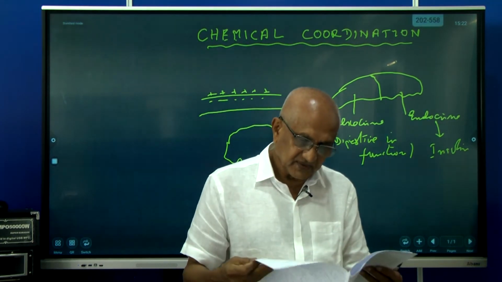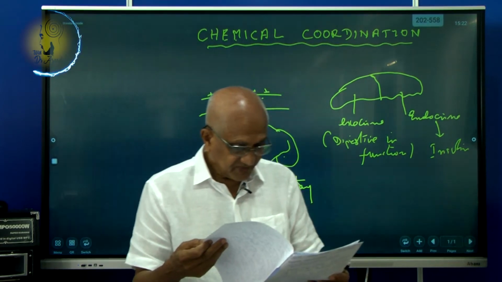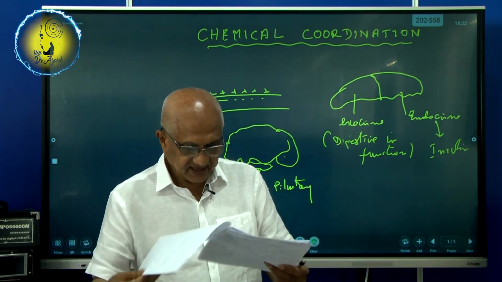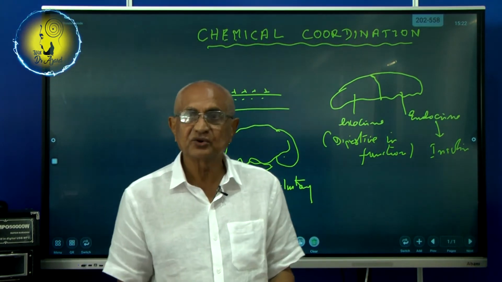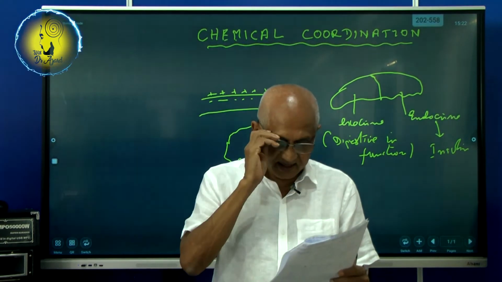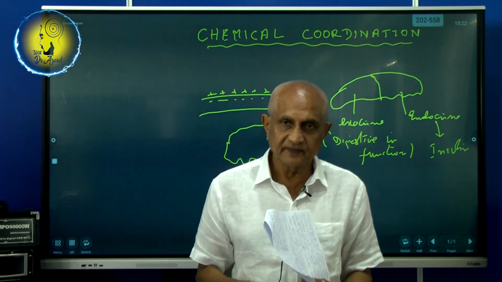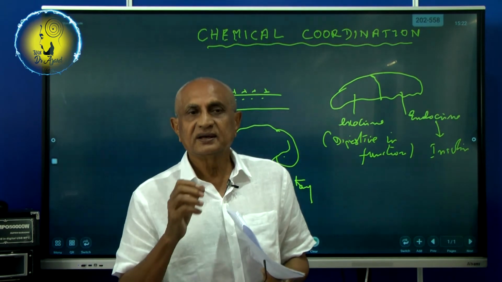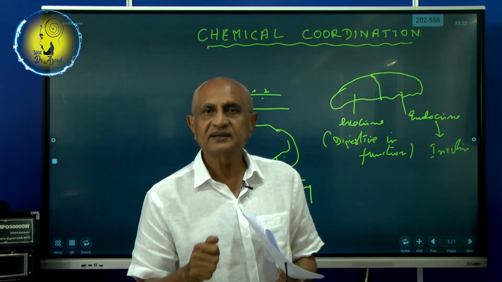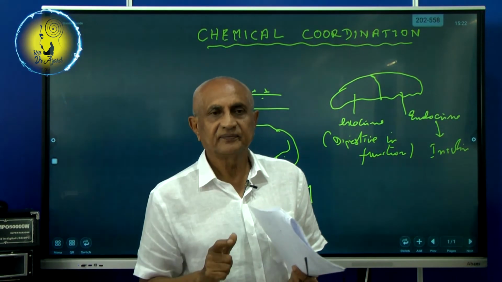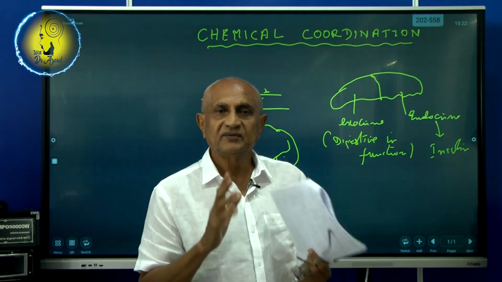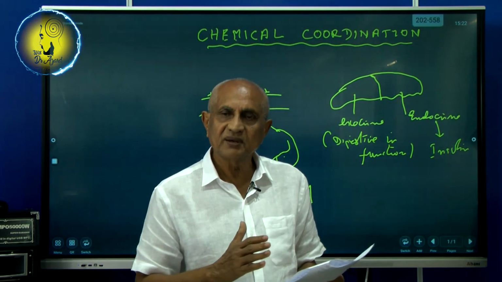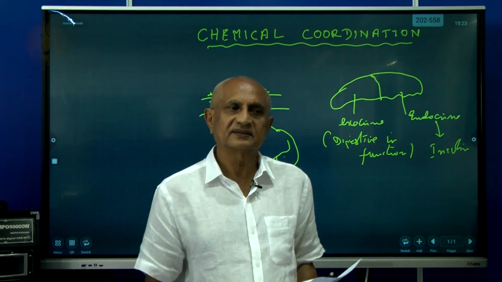Now we were talking of the testes. The testes control the male secondary sexual characters. That is the testosterone. Testosterone is another endocrine chemical, which controls all development of the secondary sexual characters.